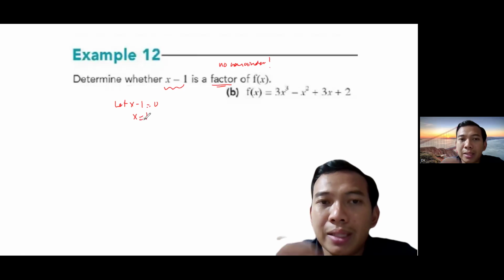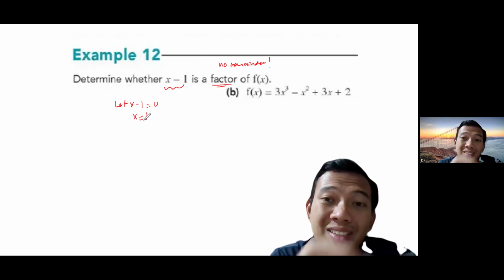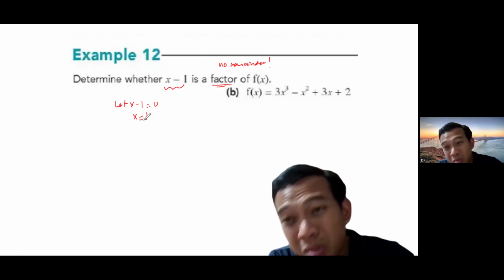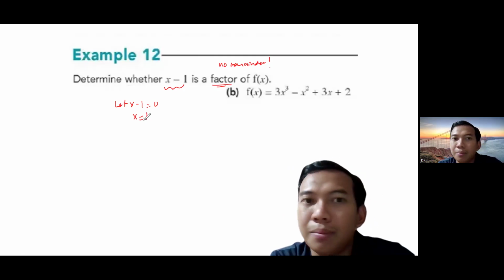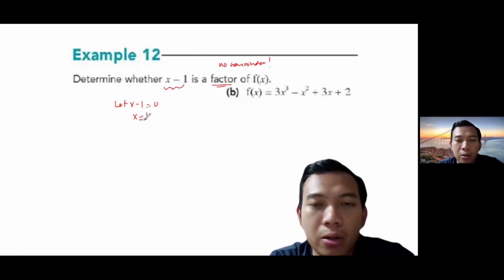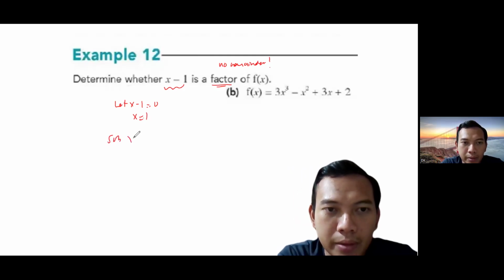We have to determine whether this x minus 1, when you put in x equals 1, gives you 0 or still a number. When there's a number, it means x minus 1 cannot be a factor. So substitute x equals 1 into f(x).